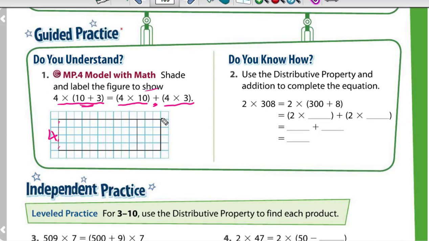So the total here is 13. And we will break this 13 into 10 plus 3. So I will take 10 till here and 3. So I have 10 in here and 3 in the second one. Okay?